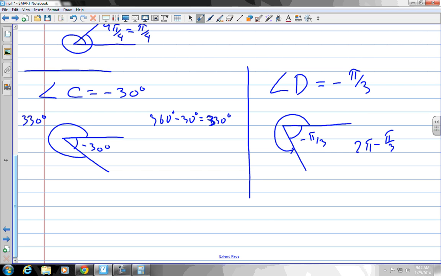Well, I want it to be in radians. It's going to be 300 degrees because this is a 60-degree angle, but in pi's, I have to do some fraction. Yeah, 5 pi over 3. I have to do the common denominator, 6 pi over 3 minus pi over 3, which is 5 pi over 3. Right? Or 300 degrees. If you convert that into degrees, you'll get 300. Is that okay?